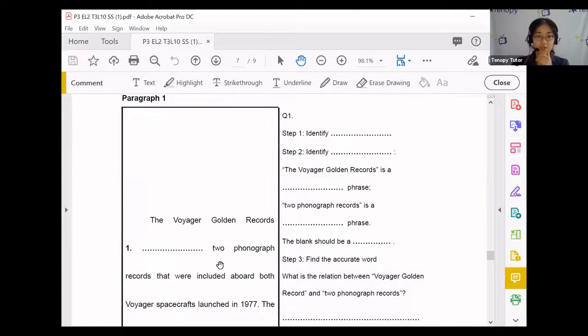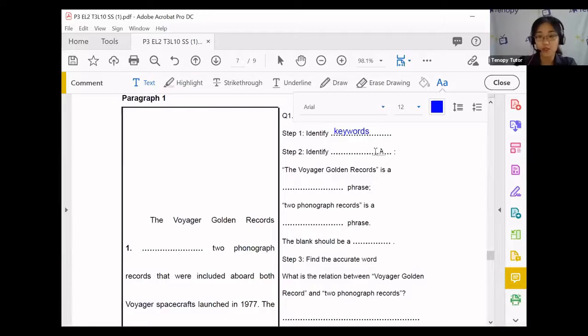When you see a close, it is a word taken out of the sentence and you're going to fill that in. When you are faced with a question like this, after reading the passage, reading the sentence, the first thing you should do is to identify the keywords.